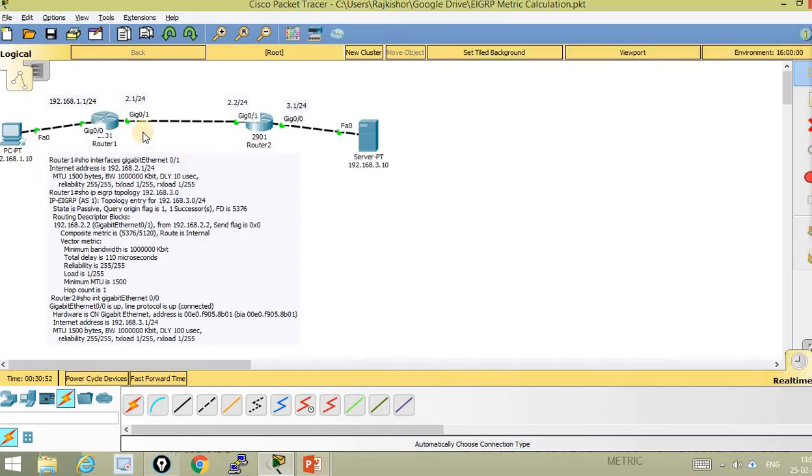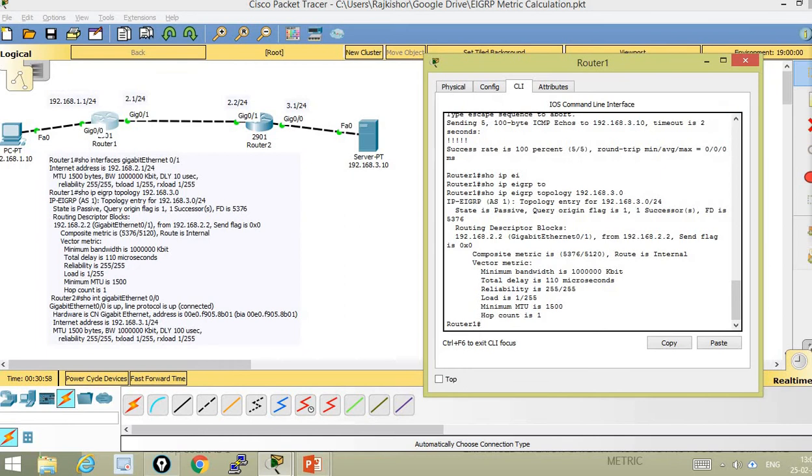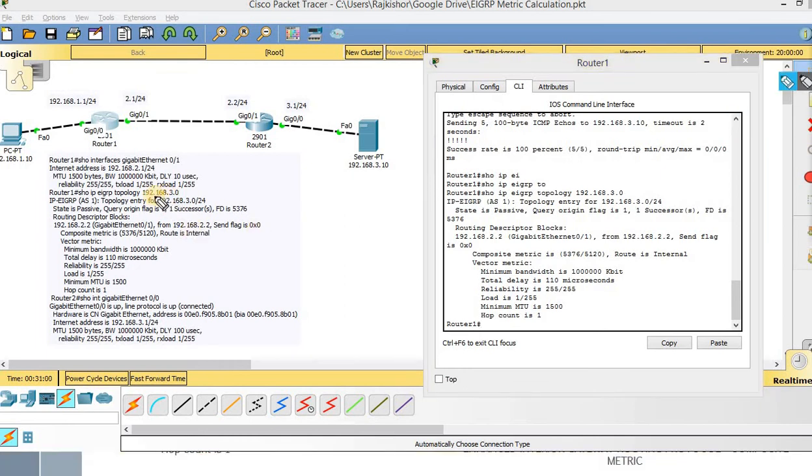As I said, this is the topology I'm going to use, and here are the details of this route. On this interface the delay is 10 microseconds, and the bandwidth is this one. Again on router 2, the bandwidth is this one and the delay is this.